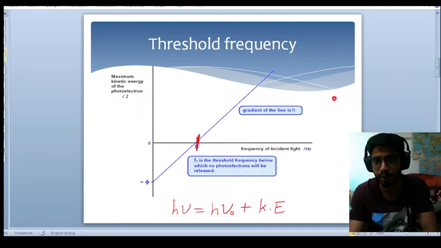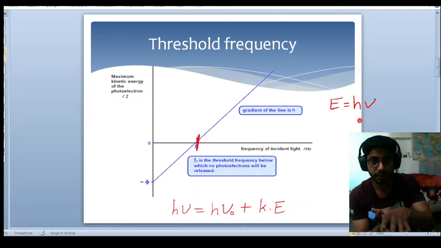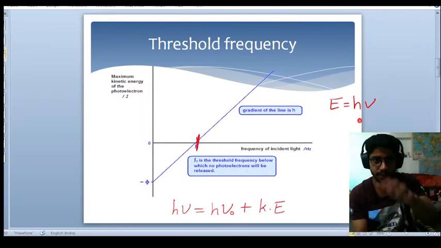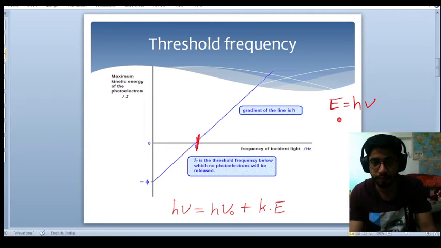We all know the relation between energy and frequency, E equals h nu, where nu is the frequency and h is the Planck constant. It simply says that if we increase the frequency of the incident beam, the energy of the beam will increase, isn't it?